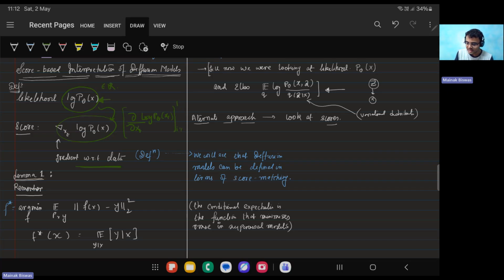Say we write this as capital D. So you will get an R^D dimensional vector over here. So whatever was your input, whatever was your likelihood, you'll get a vector which is represented as a score, along what dimension, what is the gradient of the data. Often we call this the saliency maps and so on. So the score is very important. It gives you an understanding of along which region.